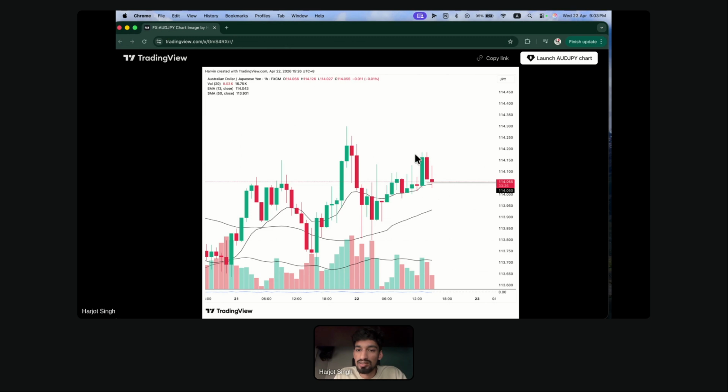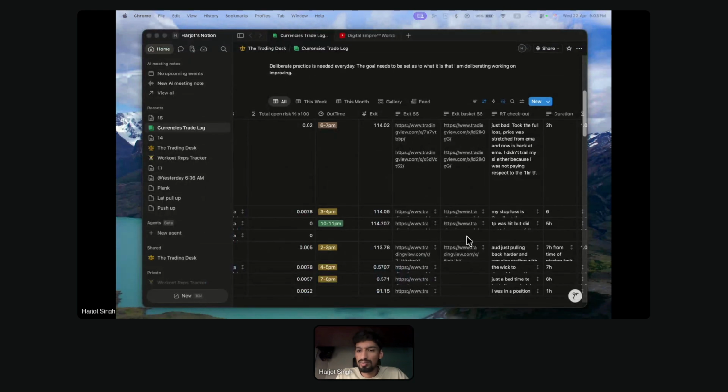This was a winning trade, but I ended up losing money on this, close to max. Max open risk was 1.5%. I lost about 0.8% on this one. So, a trade that should be close to up here, I did not. And that's something I have to do better next time.